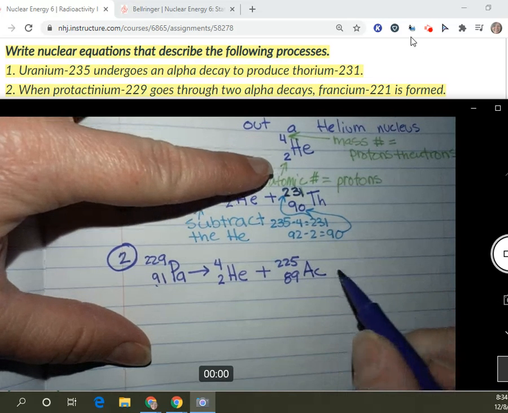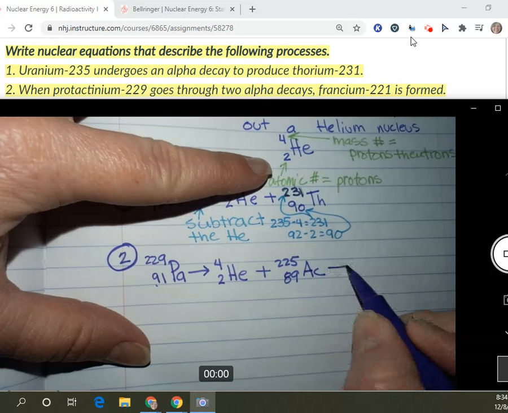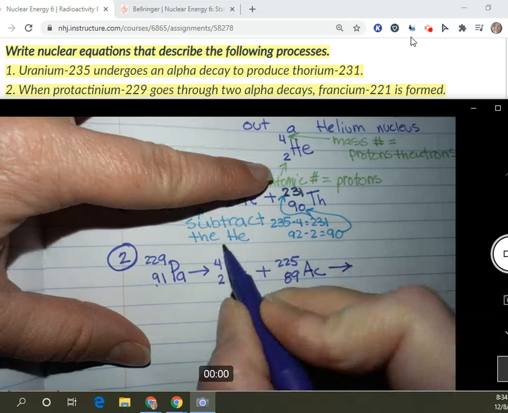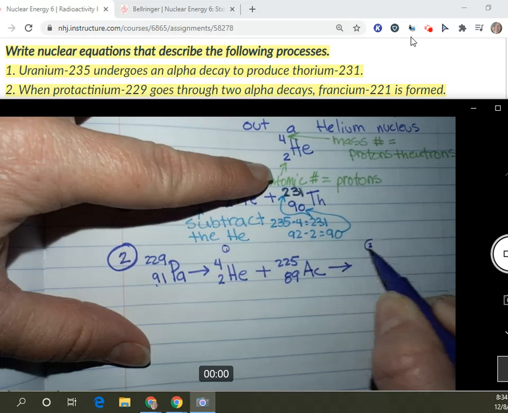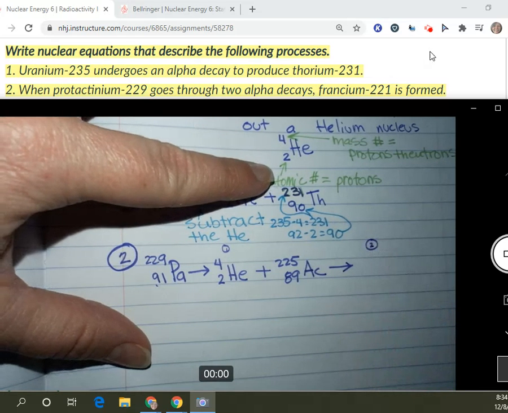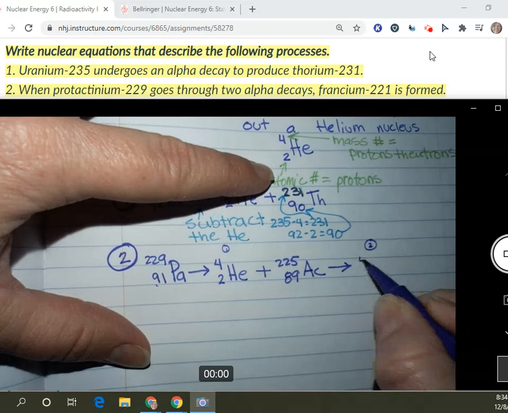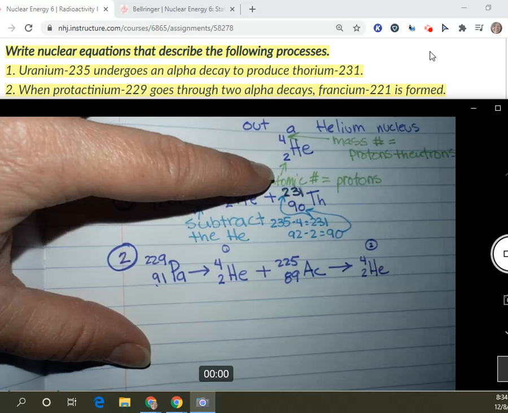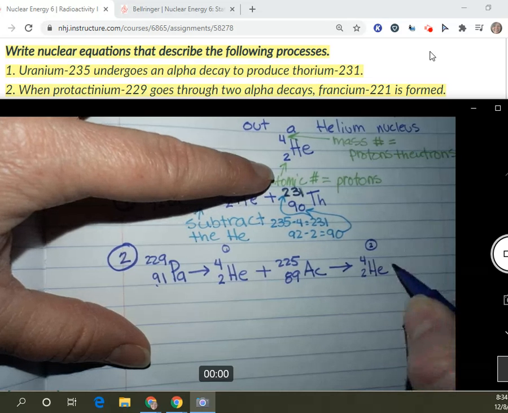And then Ac is going to undergo, because it said 2, here's 1, here's 2. In our problem, it says it goes through 2 alpha decays. So we're going to throw out another helium nucleus. What are we going to get?